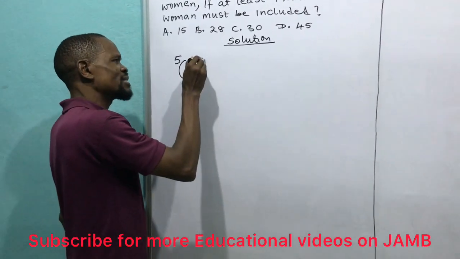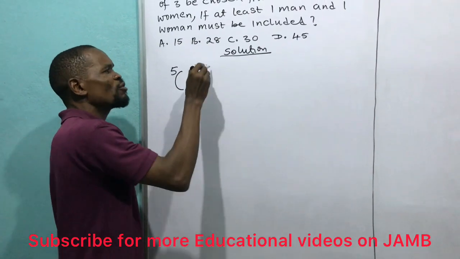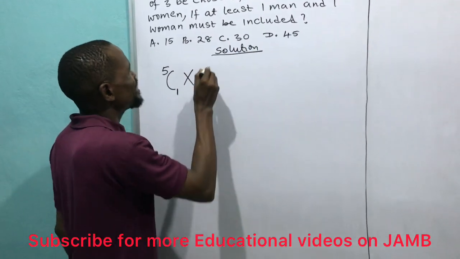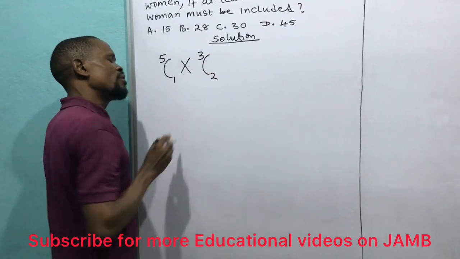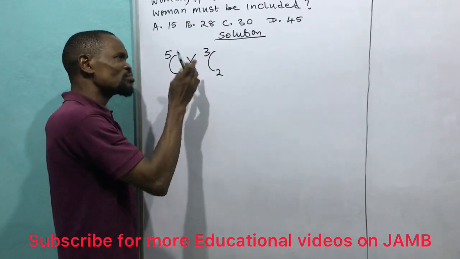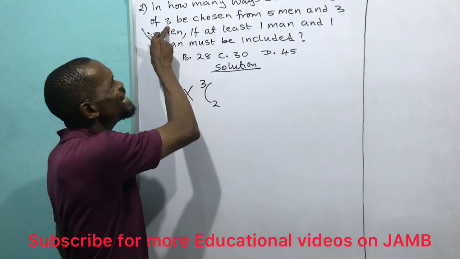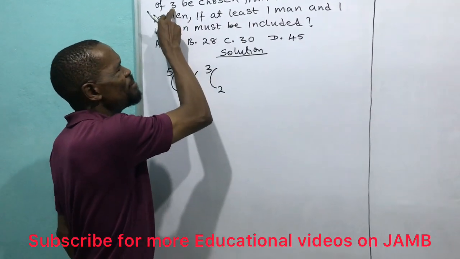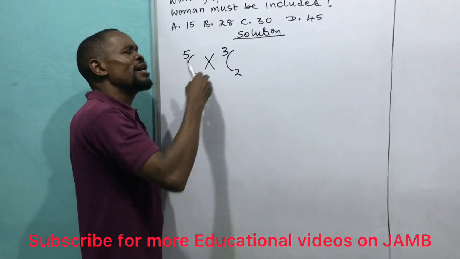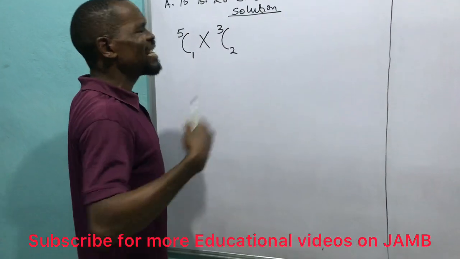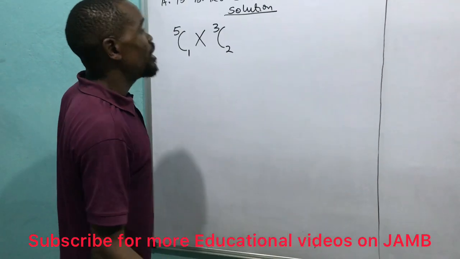Then times, out of how many women are there? 3. Out of 3 women, I'm choosing 2. You see it? Why did I choose 2? Because we are constituting a delegation of 3 members. So if at least 1 man will be there, the other remaining will be taken over by the women.